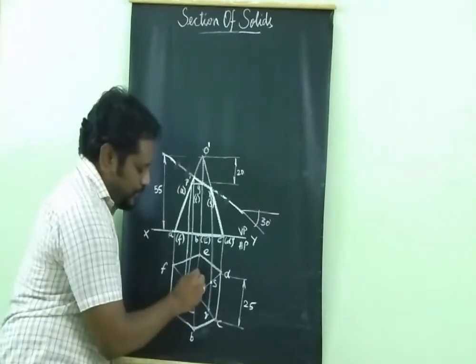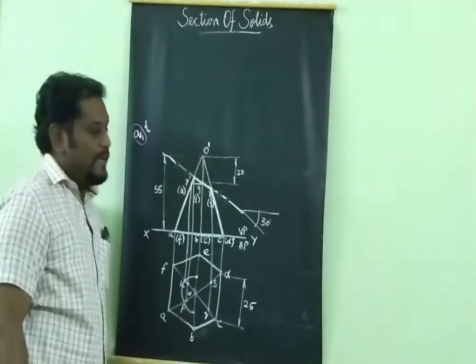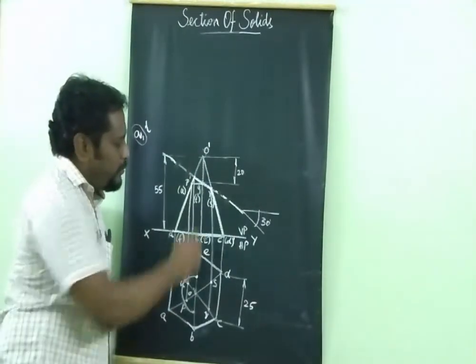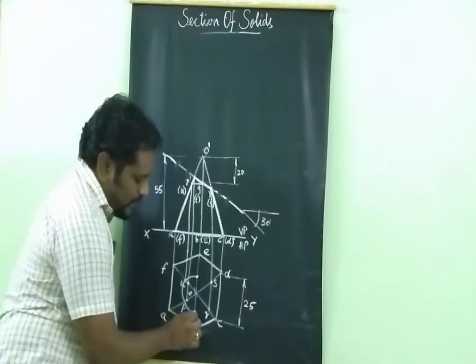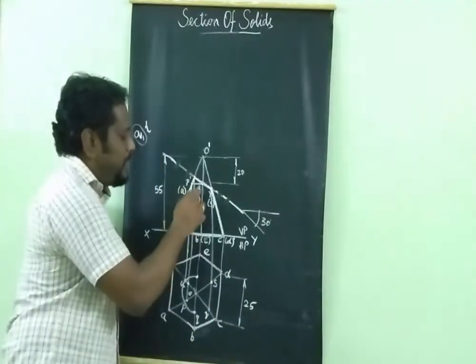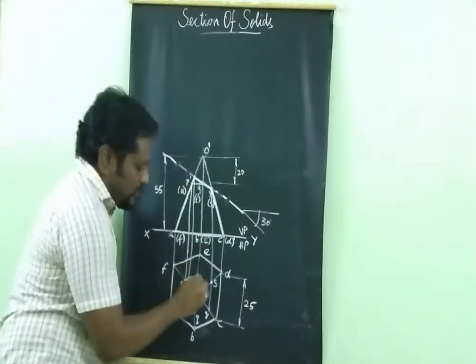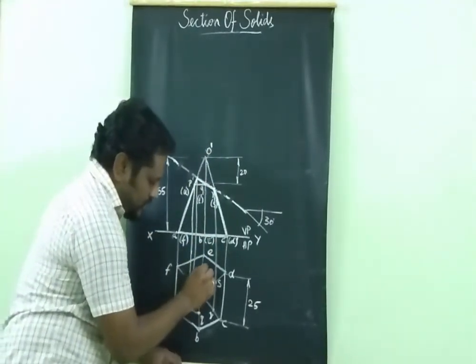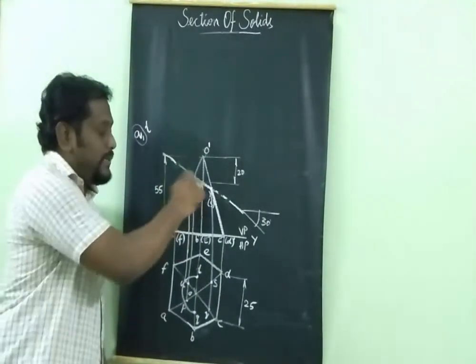Okay, now these 2 points are my cutting points. So point Q is in the OB line. So this is my OB line. So this is my point Q. Point T is in my OE line. This is my OE line. So this is my point T. Right? This is how you have to project this point.